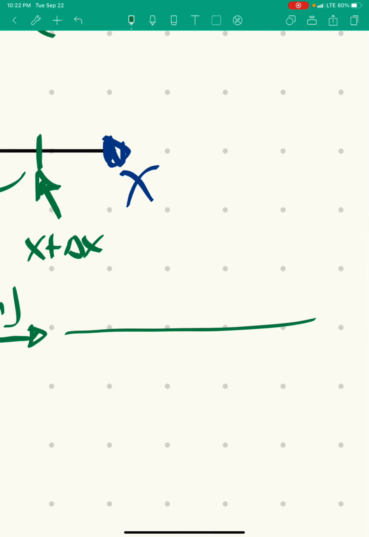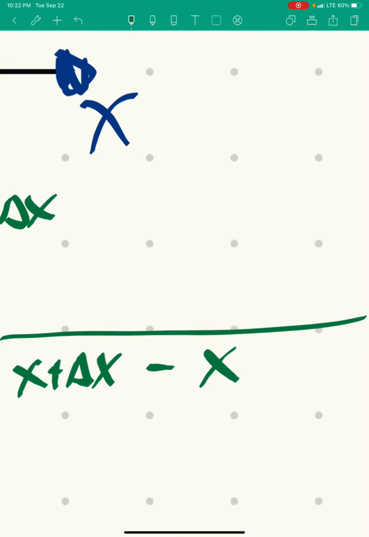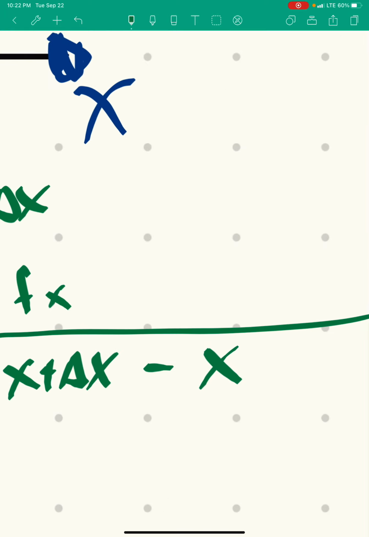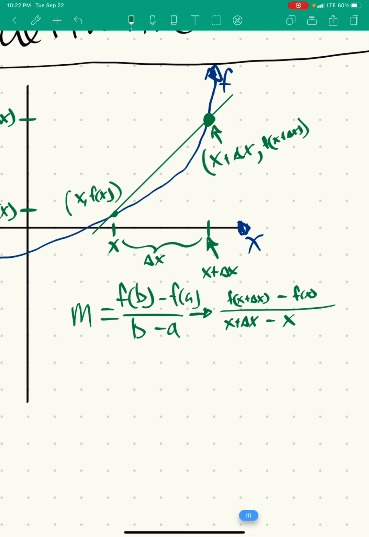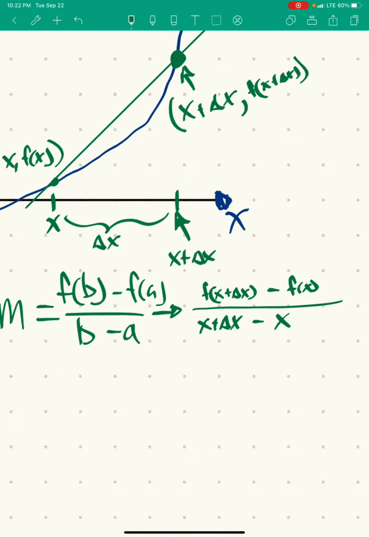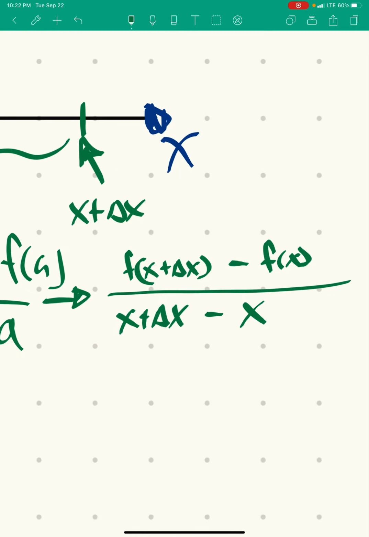If it's divided by b minus a, we really are just subtracting the two x values. So x plus delta x minus x. And up top, we have f of x plus delta x minus f of x. So when we set this up, we have a whole new way to look at the average rate of change, or my secant line.